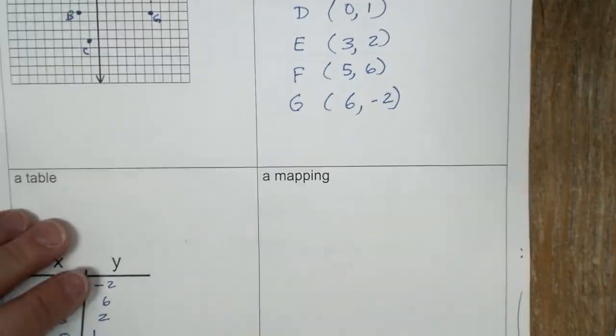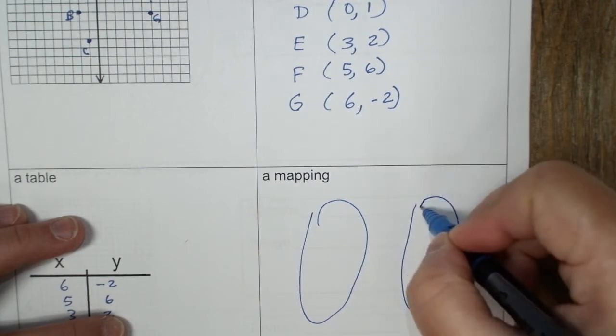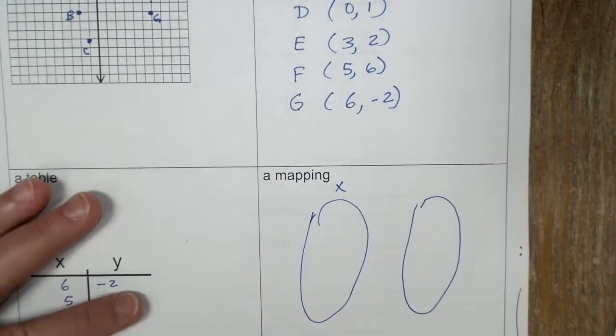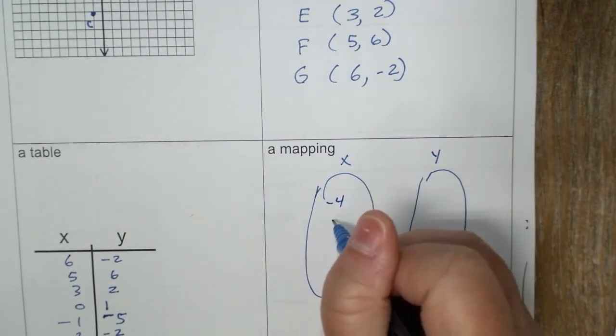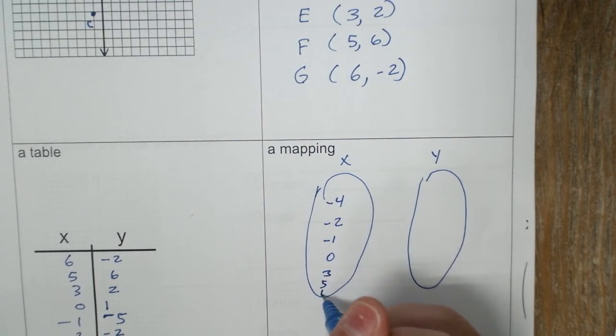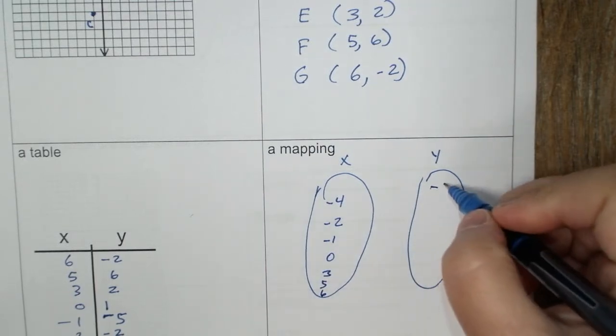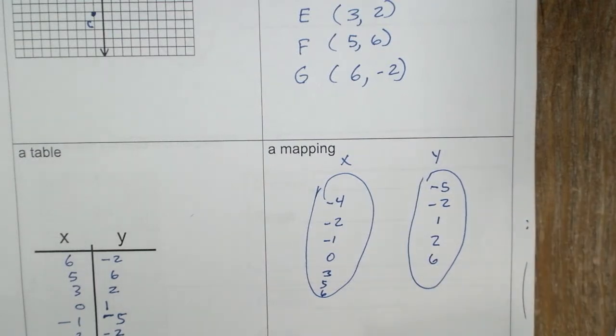I could also map, and the conventional way when you map is x's are on your left and y's are on your right. -4, -2, -1, 0, 3, 5, and 6. -5, -2, 1, 2, and 6.